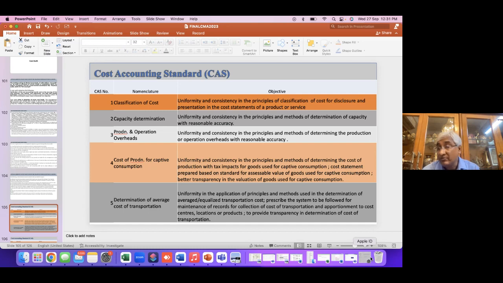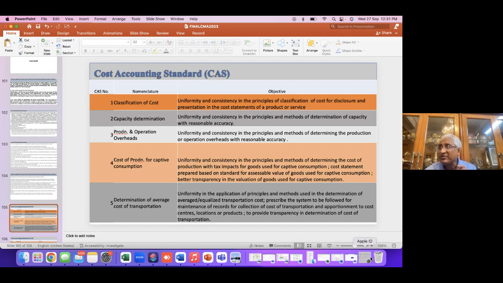So what is your objective? Accuracy, transparency. These are again the common objective of any CAS, that presentation of cost statements or service which is accurate. Again, capacity determination, the capacity with reasonable accuracy. That means again the correct capacity.